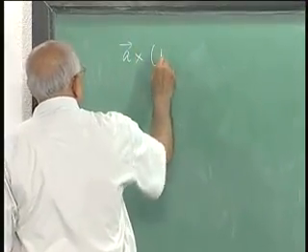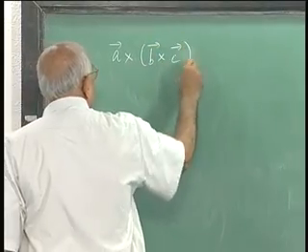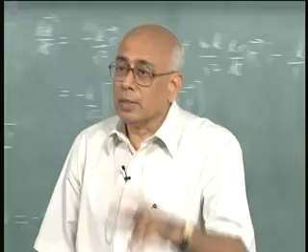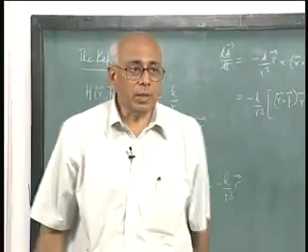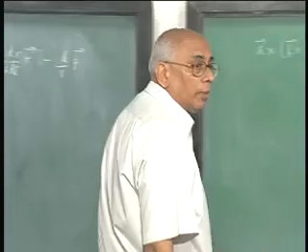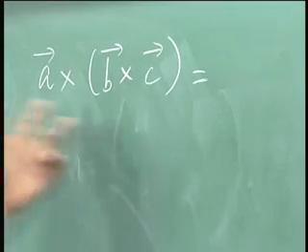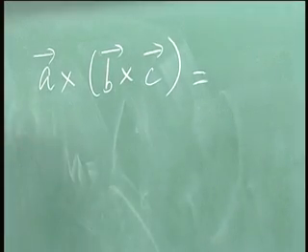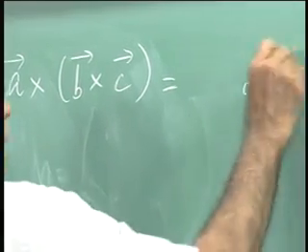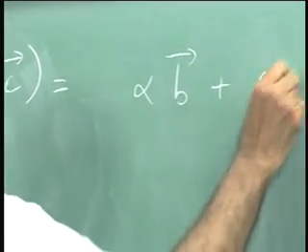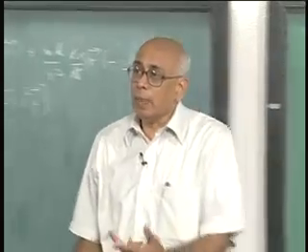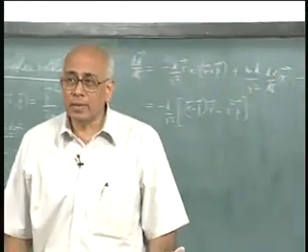A cross B cross C equal to, now what can it possibly be? A, B, C are three arbitrary vectors in space, generally not collinear. It has got to be in the plane of B and C, because you could use these as oblique coordinates, very nice. So it is equal to some alpha times B plus beta times C. Anything in the plane of B and C can be expanded in terms of B and C linearly.